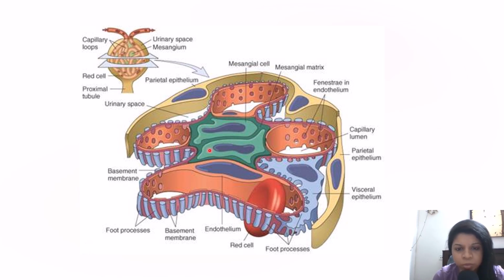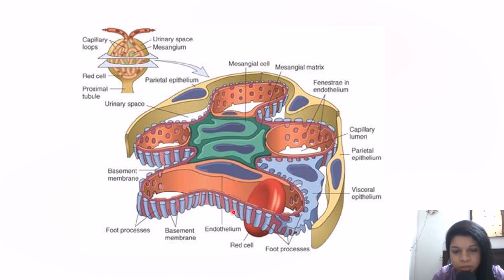Now, how the filtration barrier works is that blood enters through the capillary loop, and then it will go through the efferent arteriole also. While passing through these capillary loops, there is the filtration barrier that you can see running like this. So the blood gets filtered through this filtration barrier, which contains three layers, that is the vascular endothelium.